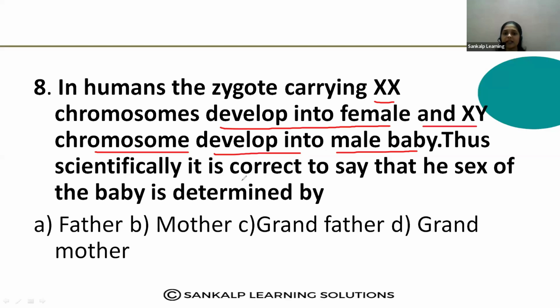Thus, scientifically, it is correct to say that the sex of the baby is determined by father, mother, grandfather, and grandmother. What is the correct answer? The sex of the baby is determined by. Yes, write down the answer.